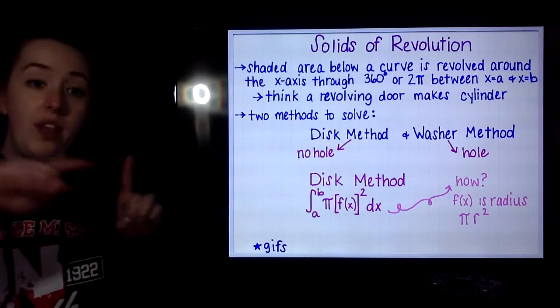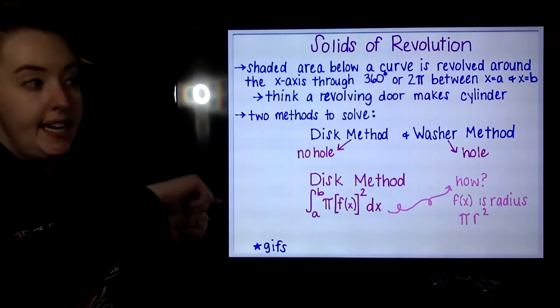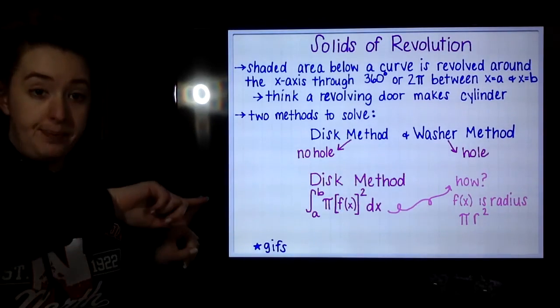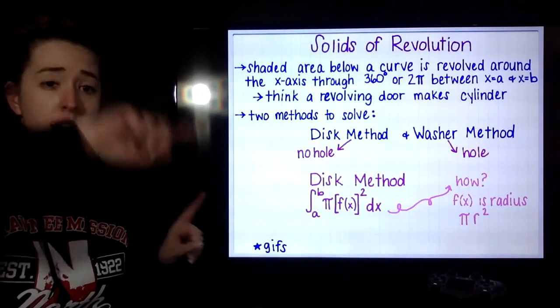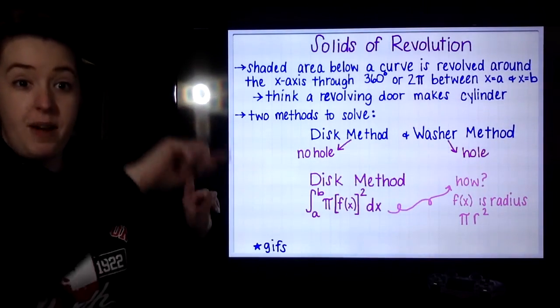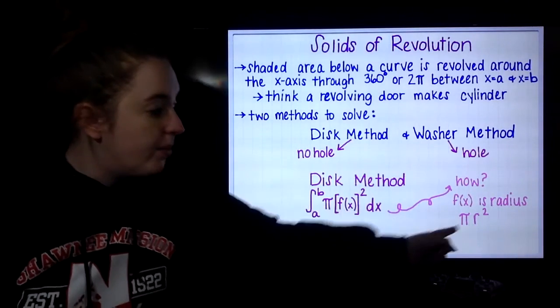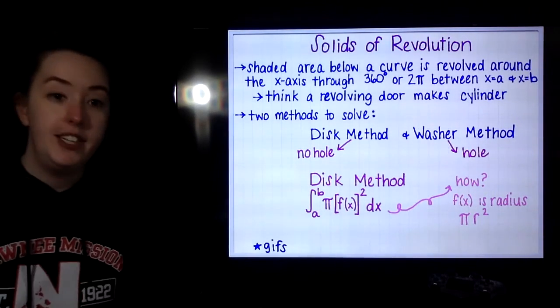Well, as we saw with that graph a second ago, the radius of our cone was wherever my function was at that time. So instead of having our radius, we have our function in there.